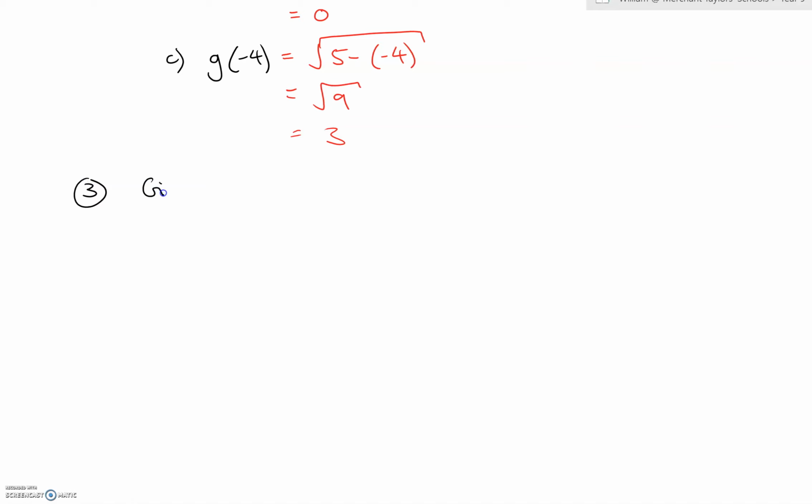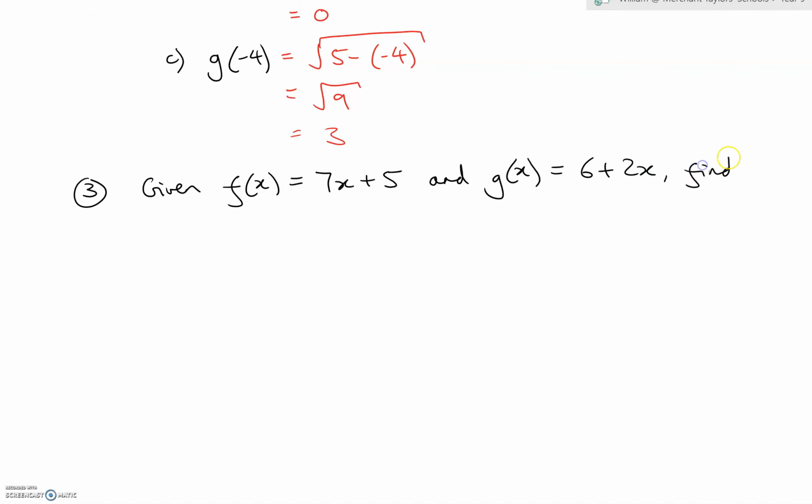Number 3. So again, we're given a function, so given f of x equals 7x plus 5, and we're given a different function, this time g of x is 6 plus 2x, so just 2 different expressions. Find the value of x such that f of x equals g of x.